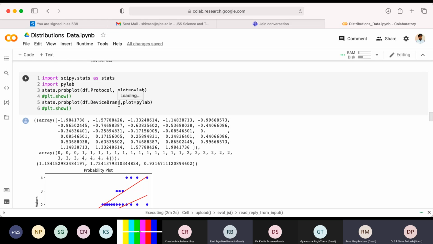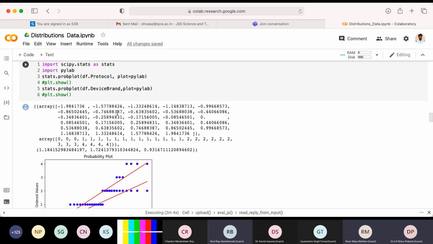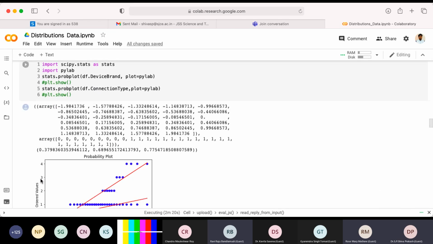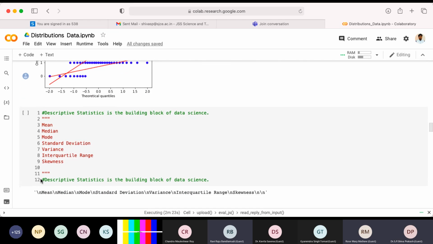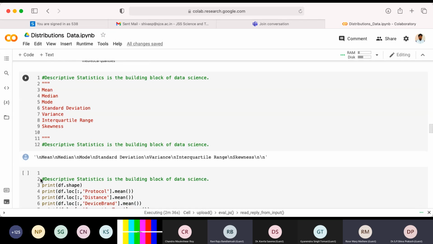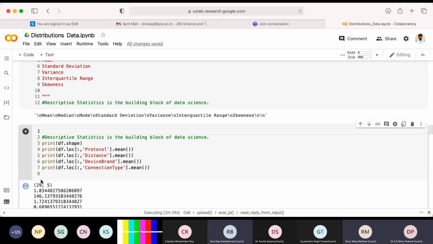And also by using stats, we are trying to plot the probability between the theoretical quantile and the ordered values. In fact, most statistical models have building blocks like mean, median, mode, SD, variance, interquartile range, and so on.